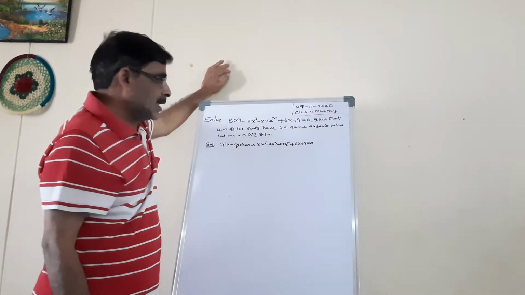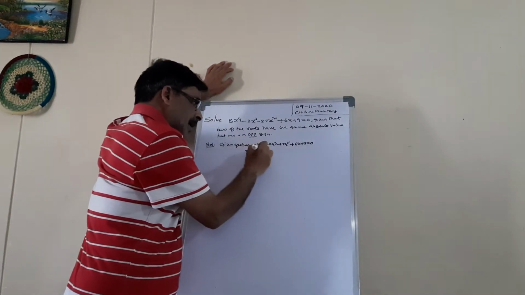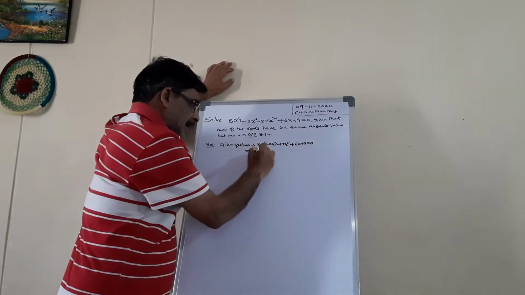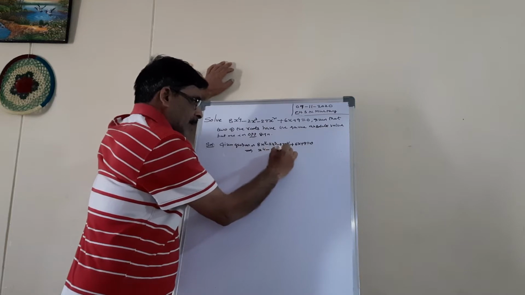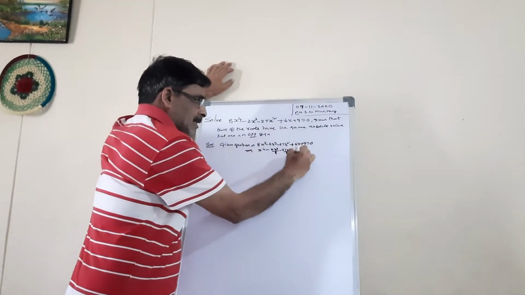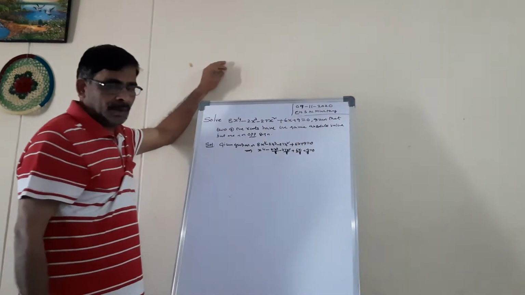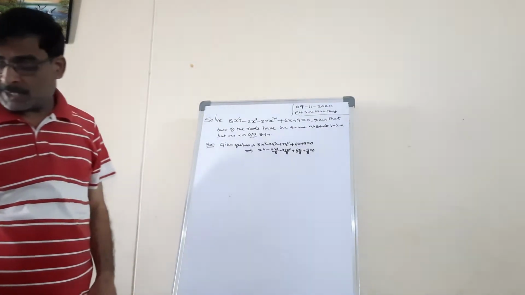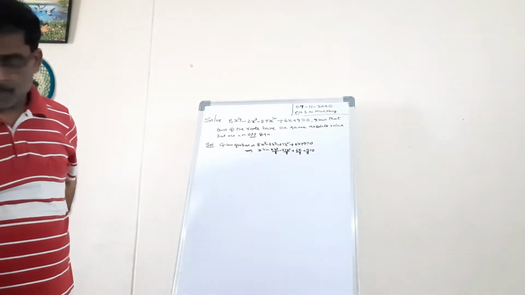This is our fourth degree equation. Immediately you have to divide by 8. x power 4 minus 2x cube by 8 minus 27x square by 8 plus 6x by 8 plus 9 by 8 equal to 0. To make the coefficient of x power 4 equal to 1, we have to divide by 8.